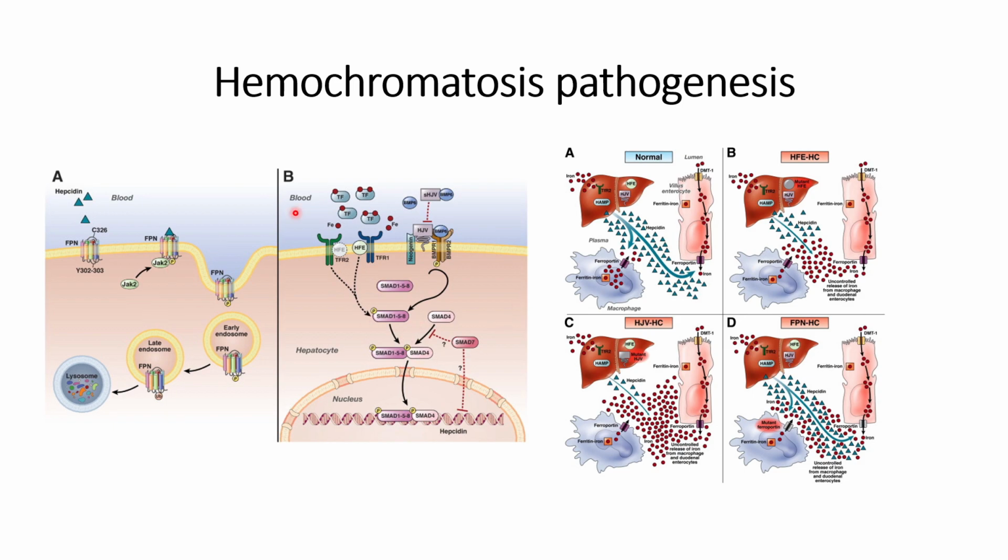So let us now understand in the big picture how this hemochromatosis happens. We will start with the normal functioning. In normal functioning, hepcidin is released from the liver.